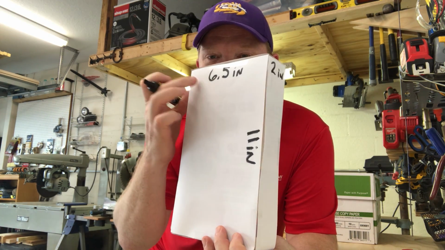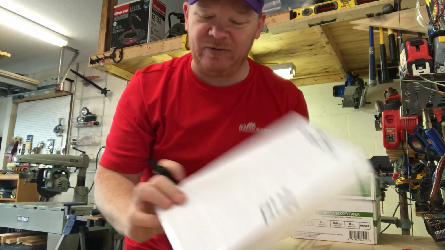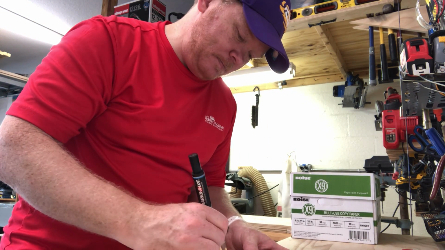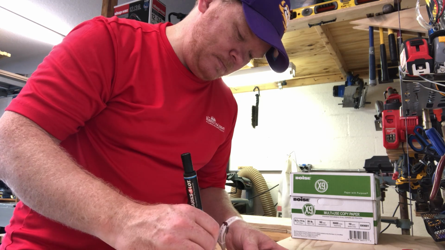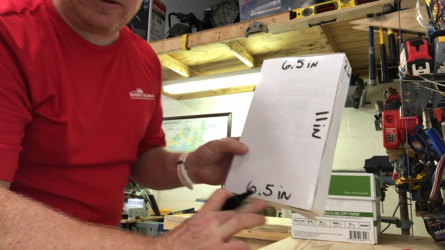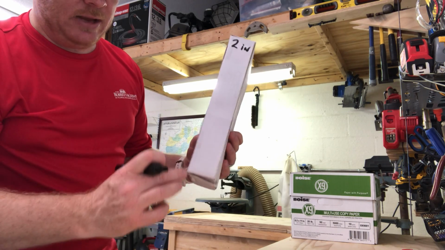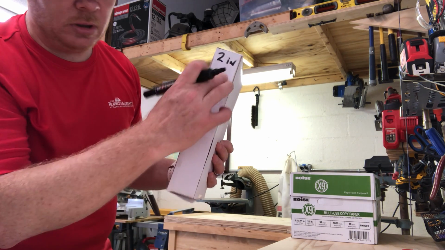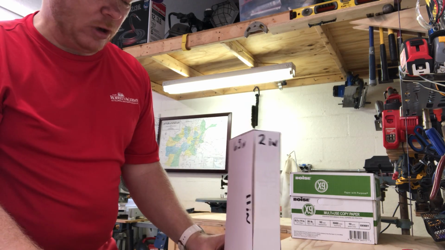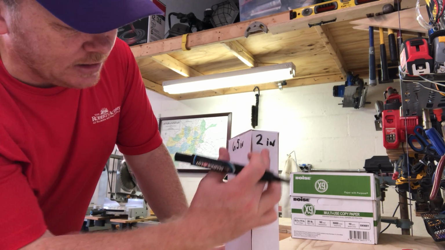Some people would call this the base, 6.5 inches, the length of the base. This is the height, 11 inches. And the width of the actual rectangular prism or solid is 2 inches.